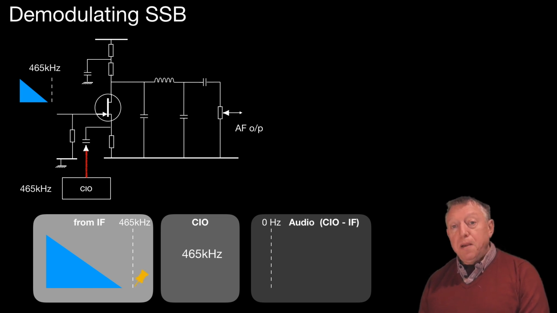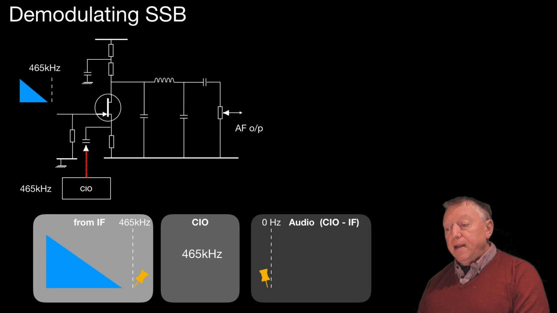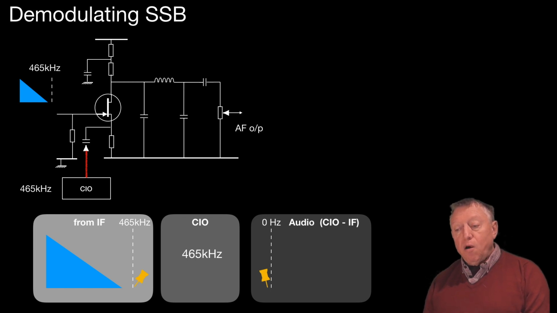So if we use our pins method again, the 465 will translate to 0 Hertz, because 465 minus 465 will leave 0. So the bottom end of the sideband will be 0 Hertz. If we look at the top end, that will be 462 kilohertz.